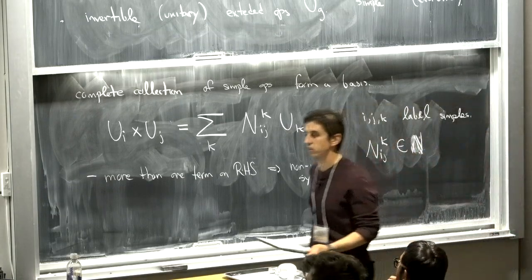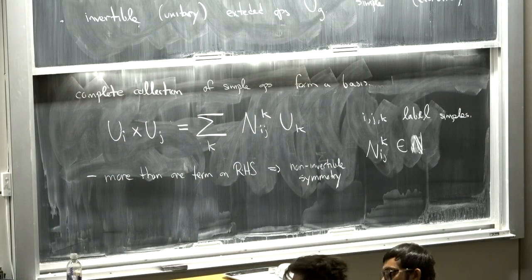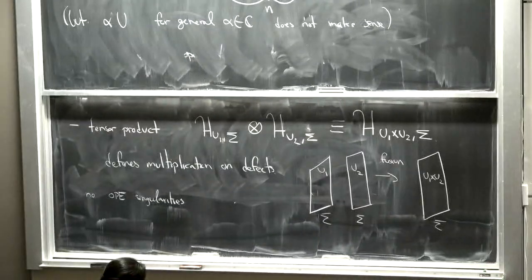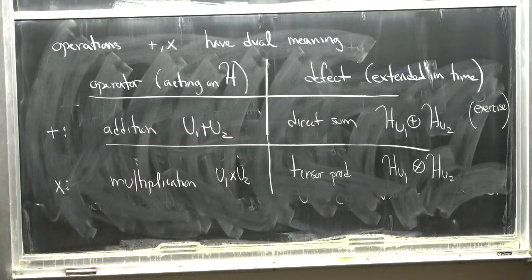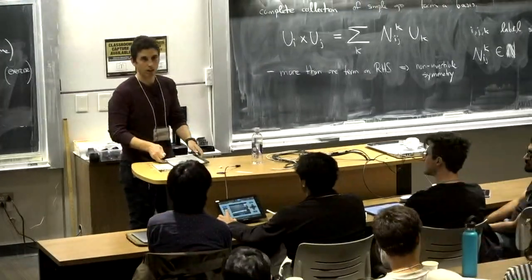This is where I'm heavily using the fact that everything is topological in my lectures. Because of that, this distance is not a relevant variable. But if we were to discuss Hilbert spaces of more general non-topological defects, then we would become sensitive to that. We would only expect the tensor product in the limit where the defects are very far apart. Okay.